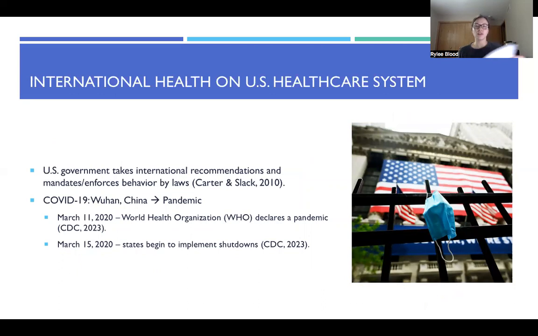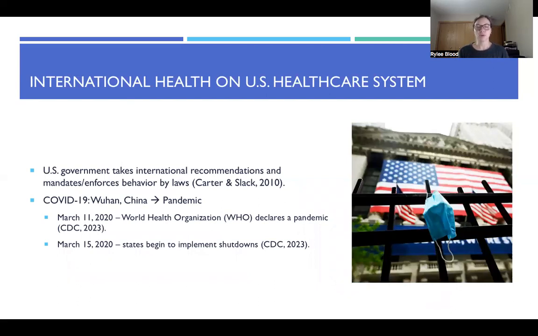International health on the US healthcare system is going to be the next topic we will talk about here. So the US government takes the international recommendations and creates laws that can mandate or enforce behavior.